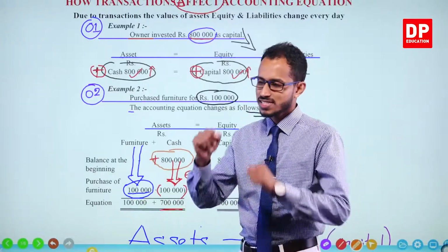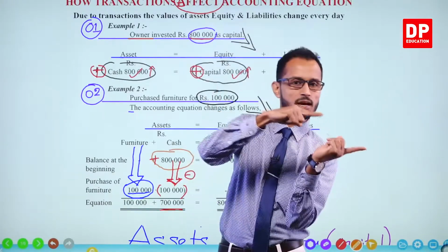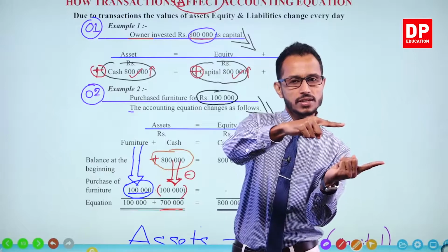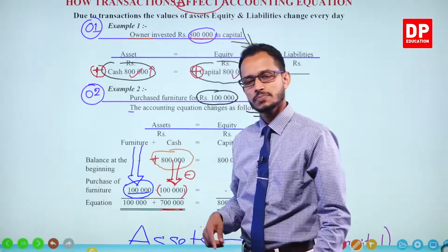Or for the same amount which went out, a different asset has come into the business.